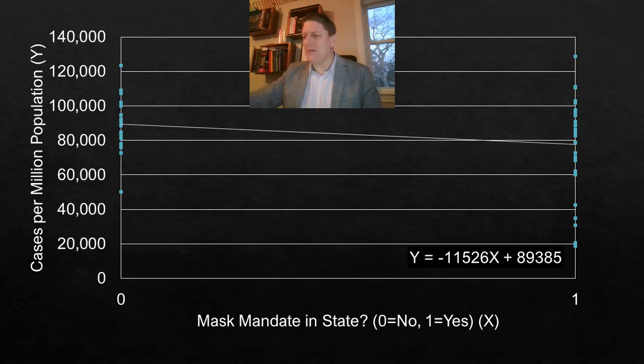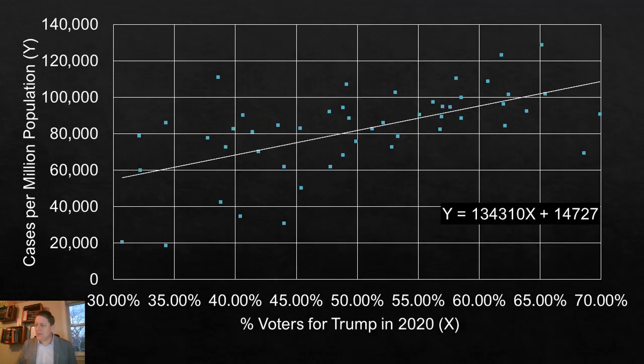And that's where we can come to our third graph, which contains a third equation for a line. And that is the percent of voters for Trump in 2020. Again, this is taken state by state from the Cook Political Report figures.